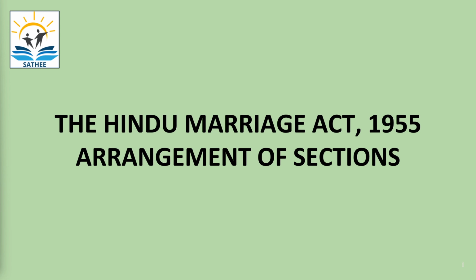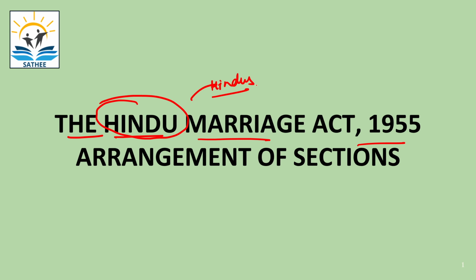So when we talk about the Hindu Marriage Act 1955, as you can see on the screen if it is visible to you, it is an act that is only related to Hindus. We will be studying in detail how this act is the only act in regards to Hindus by religion.